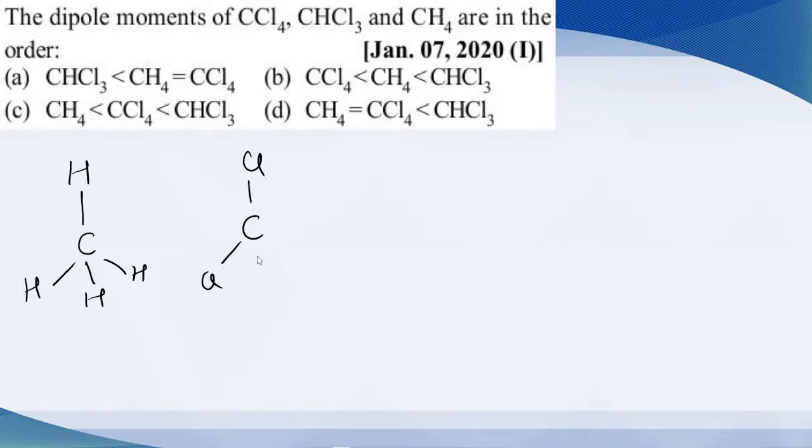In CCl4 also, 4 bond pairs, no lone pair. In CHCl3, again 4 bond pairs, no lone pair. So what is the dipole moment of methane?